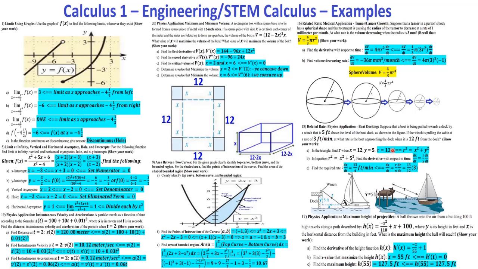Okay, so the first thing is, in this triangle we know X is 12, Y is 5, then we need to find R. R is 13, which comes from R squared equals X squared plus Y squared. Y is 5, and this is not changing, so we can just put the 5 here.